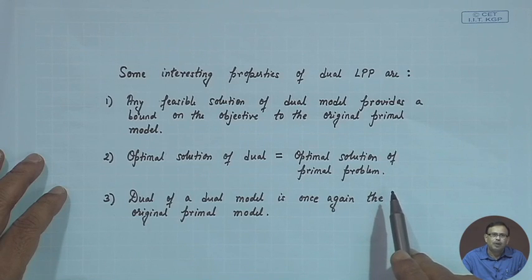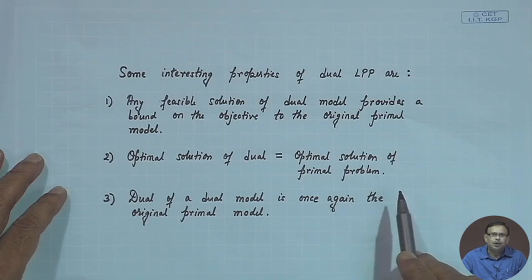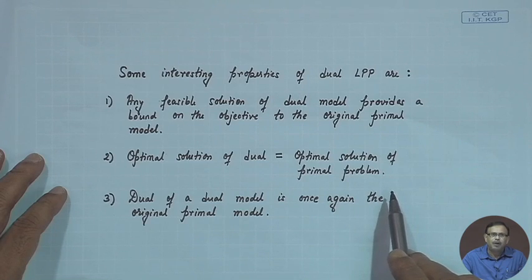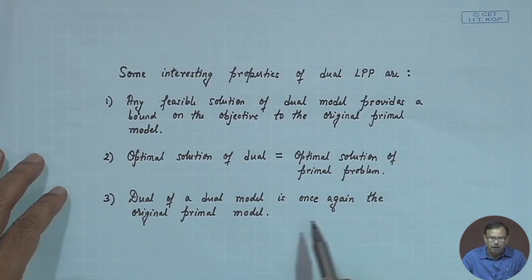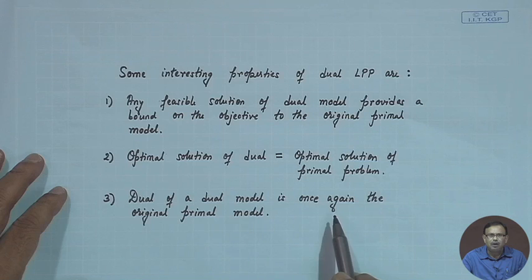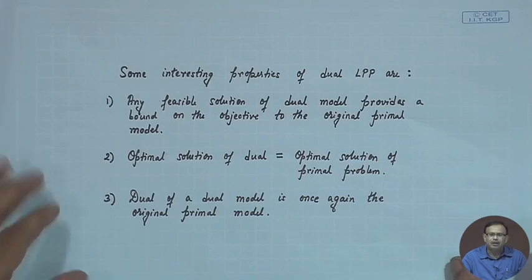Please note this one. Third point is, the dual of a dual model is once again the original primal model. That is, you have the original model, you take the dual of the problem, then if you take the dual again on the dual, you will get back the original model.